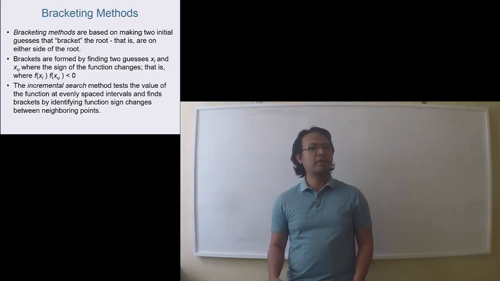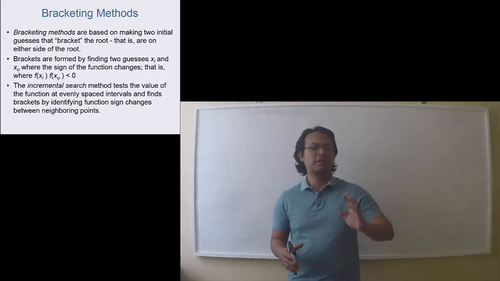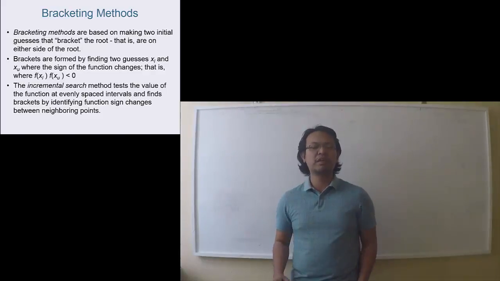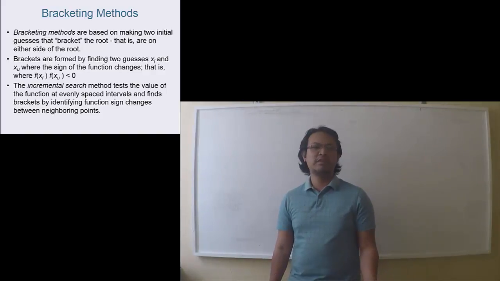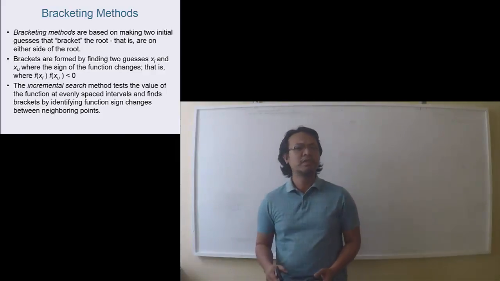That is the output, it returns that bracket, and then from that bracket you will use some other method like the bisection method to see what the roots are. This is the incremental search method.